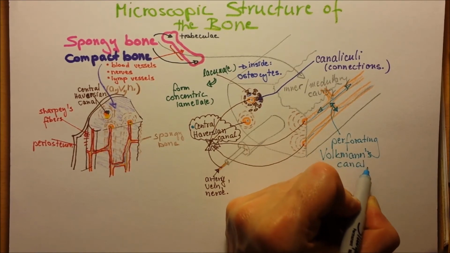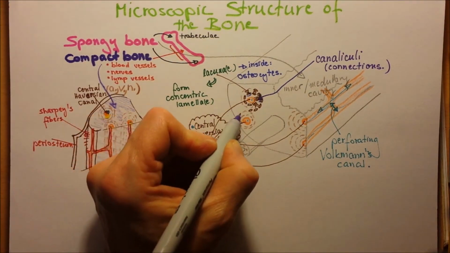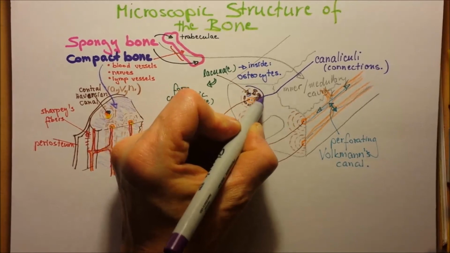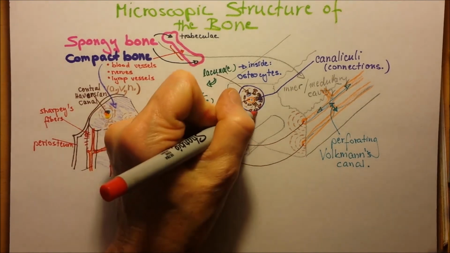Now, the central canals are also connected by the Volkmann's canals. These are the perforating canals that connect the central canals. What I drew around now is going to be an osteon, the unit of the bone.